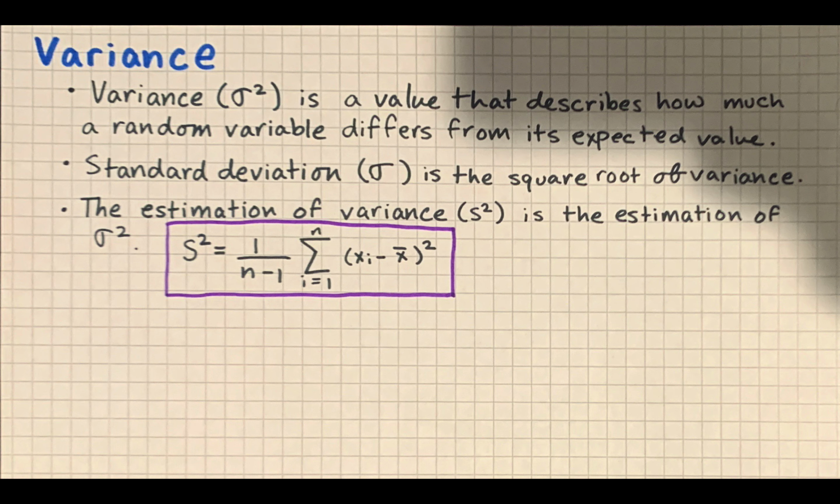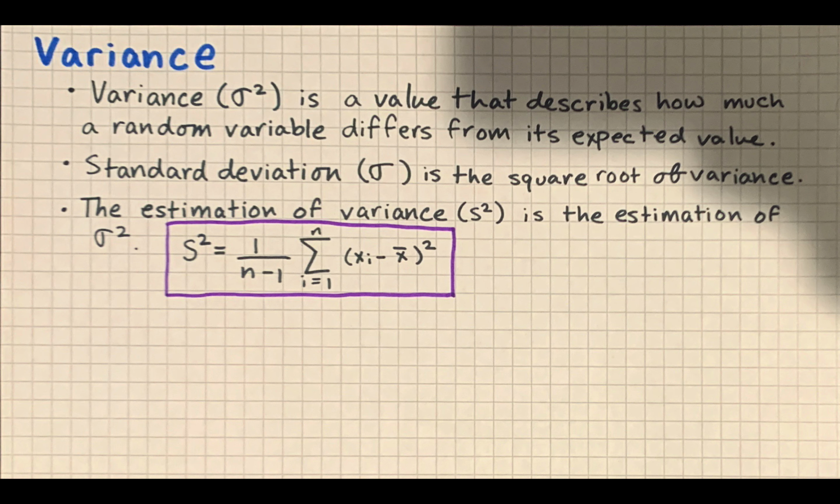We can also calculate variance to figure out how well our function fits our data points. Variance is a value that describes how much a random variable differs from its expected value. Standard deviation is simply the square root of variance and can be used for many applications.